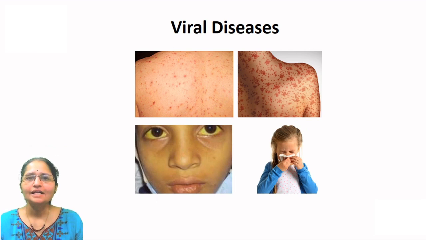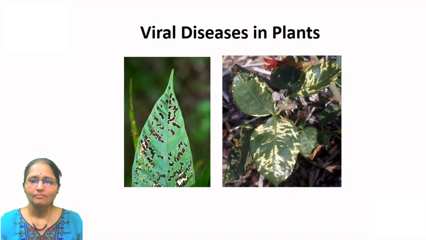Even diseases like rabies or AIDS are also caused by viruses. So students, you find out which different diseases in human beings are caused by viruses, and which different diseases in human beings are caused by bacteria.